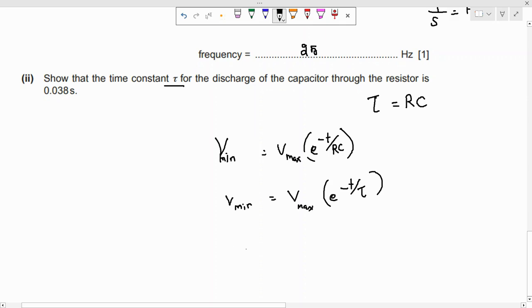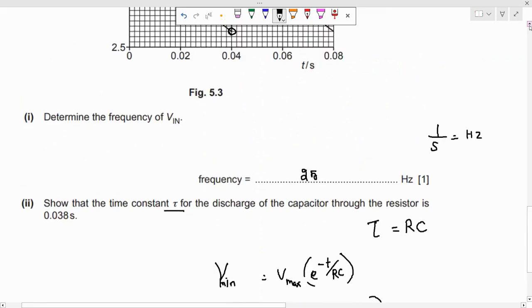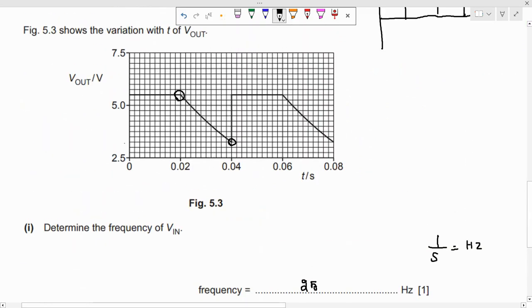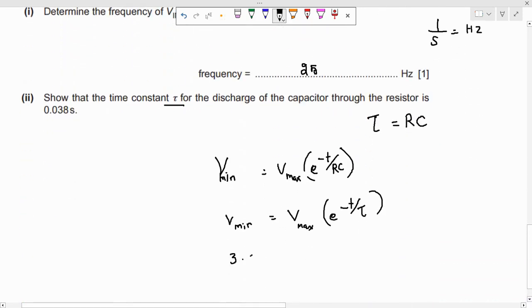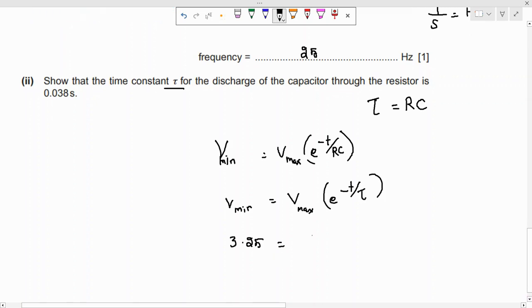So V minimum here will be, look at this, each and every point is 0.25. So this is 2.5, this is 3, and this is 3.25. The minimum value will be 3.25, and then the maximum value will be 5.